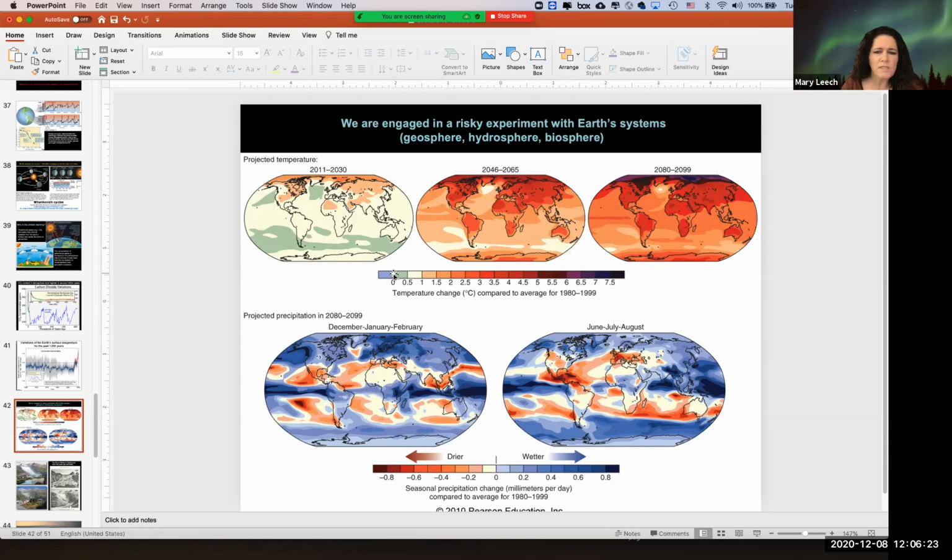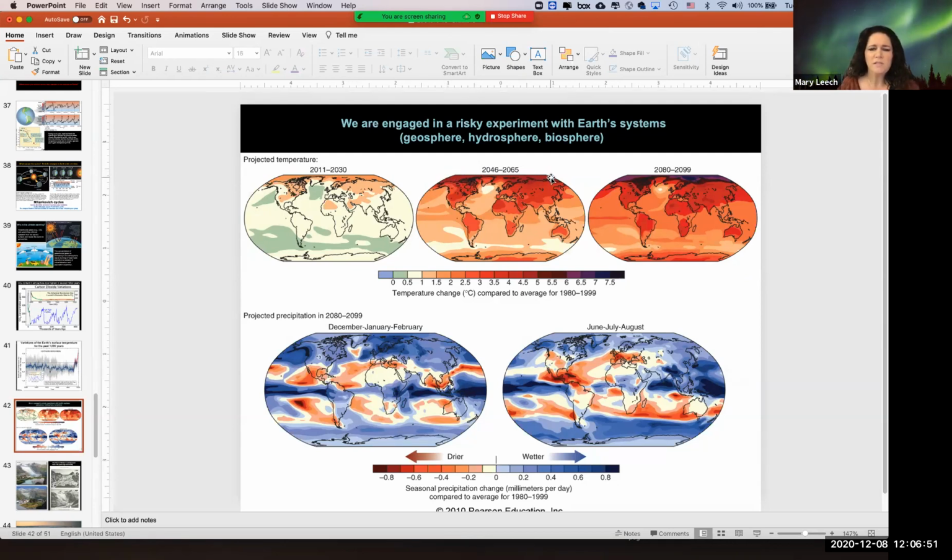And this is increasing 1 degree, 2 degrees, and this is Celsius. So these are more than a degree Fahrenheit, 3 degrees up to 7 degrees. So this is through 2030, and we're seeing a lot warmer temperatures in the Arctic, which is bad because that's where a lot of our ice is, the water that's on land, locked up in the ice.